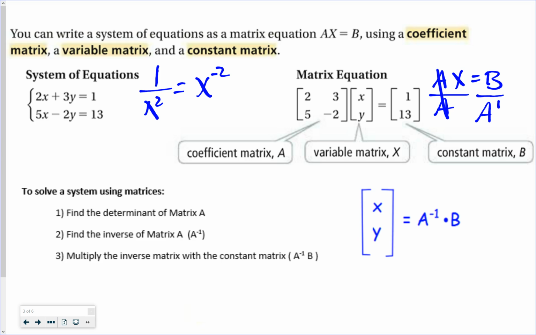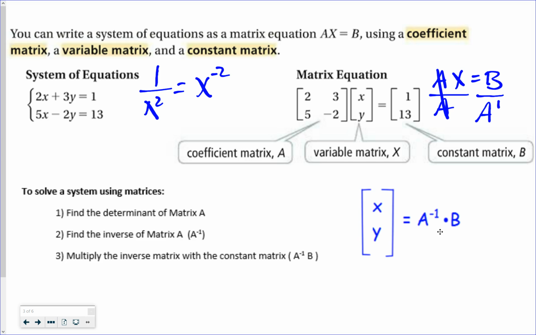Same rule applies. So dividing by matrix A is the same thing as multiplying by the inverse, which is that negative 1 power. That's why we use the inverse, because we don't divide matrices. Multiplying by the inverse is dividing by a matrix.